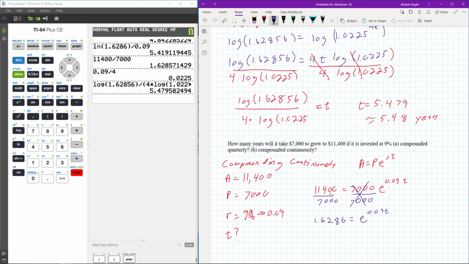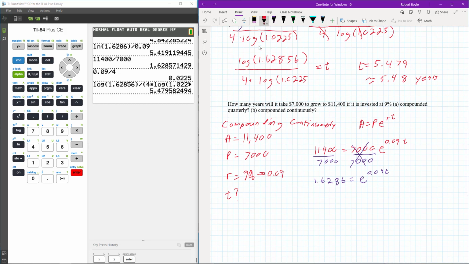Now I can go ahead and take the natural log of both sides. And why do you want to compute the natural log? Well, the natural log is a log base e, and it will make this computation a lot easier for us. Now, if we take the natural log of both sides, we're going to have the natural log of 1.6286. That's going to be equal to the natural log of e raised to the 0.09t power.